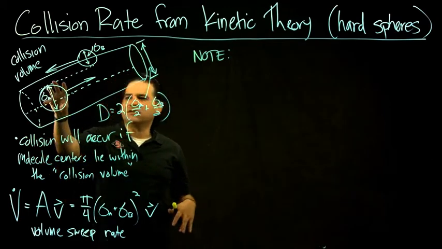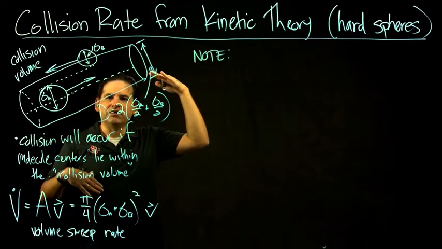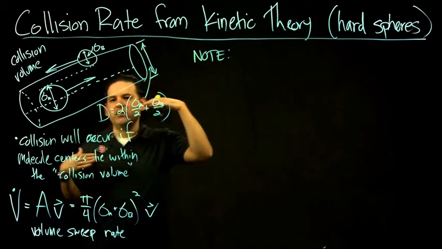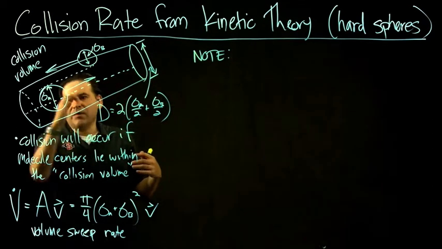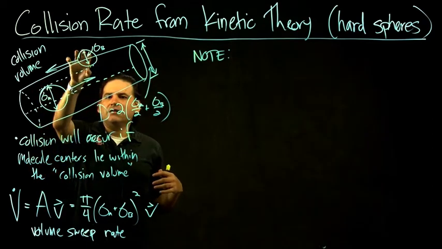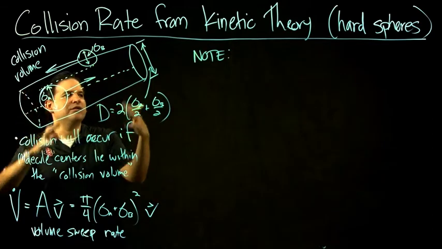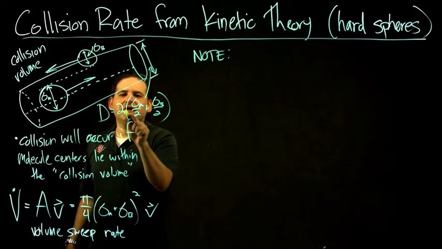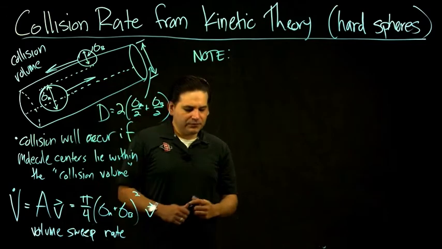It depends on the size. If the particles are bigger, there's more of a chance they'll collide because it's a bigger target. Depending on the size, there's a volume which will determine whether they'll collide. So that's nice that we can picture, and this cylinder has a diameter related to the diameters of the particles.